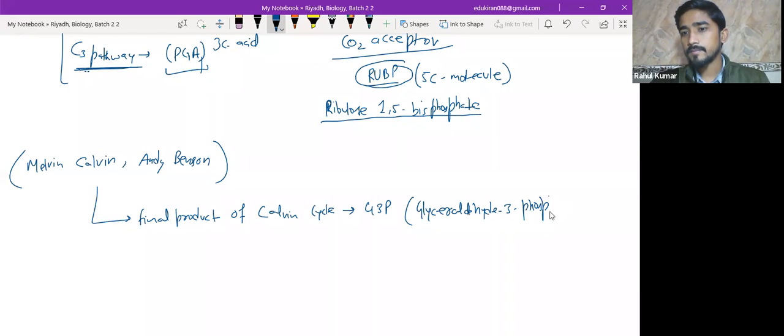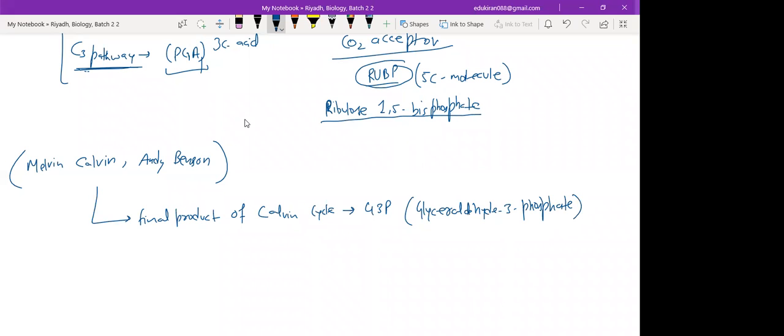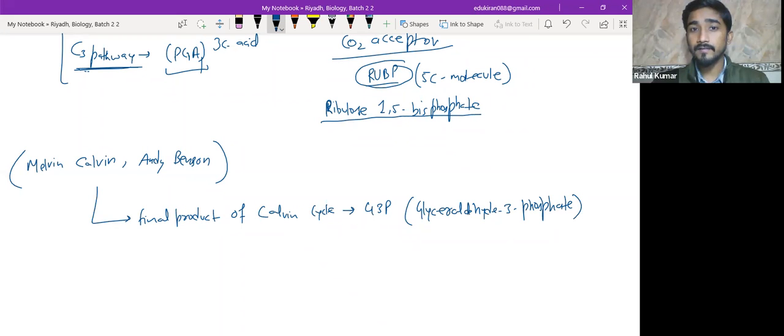Is it clear, everyone? Yes, sir. So this is the final product that comes out of the Calvin cycle, glyceraldehyde 3-phosphate, a 3-carbon molecule.